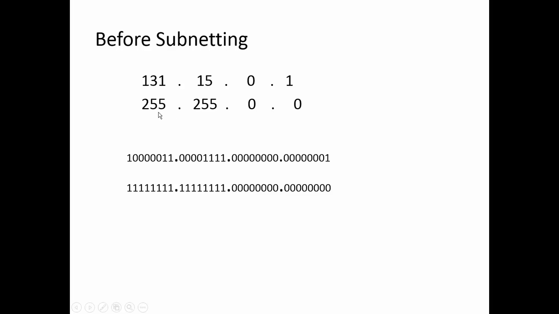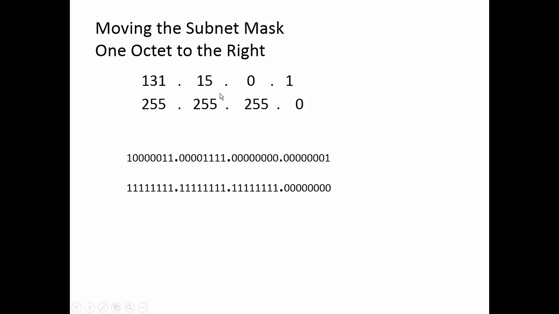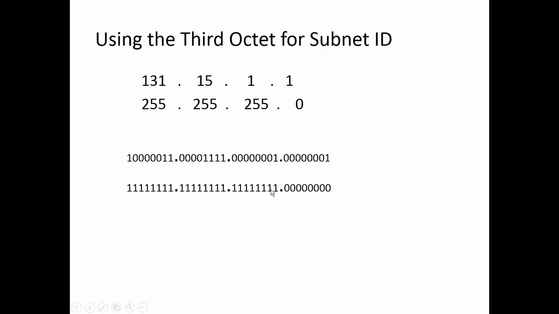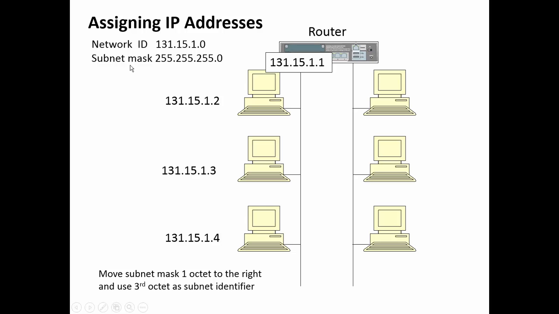But after subnetting, I push the subnet mask one octet to the right, and the subnet mask is now 255.255.255.0, or you could say it's a 24-bit subnet mask. What we do is we use the third octet for subnet ID. So what I do is I give every computer a subnet mask of 255.255.255.0, and I now use that third octet for subnet ID.